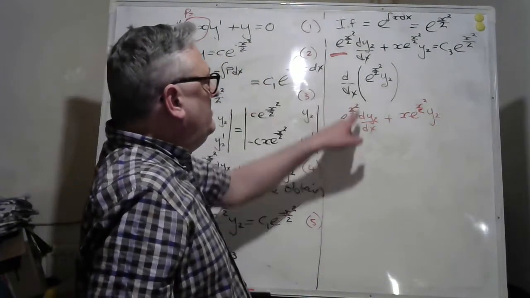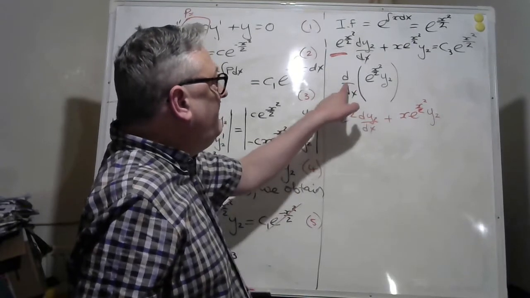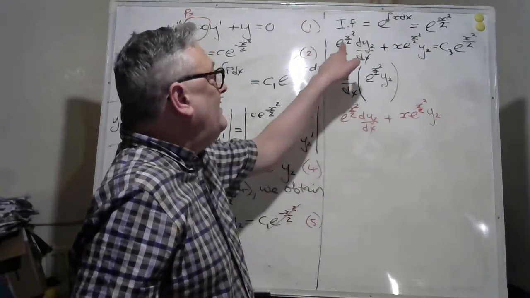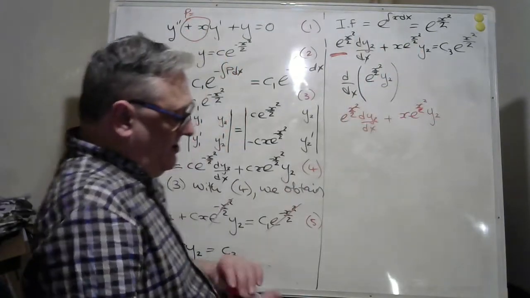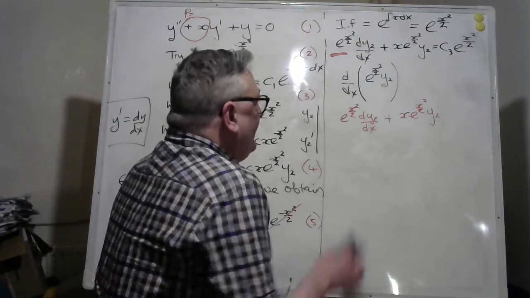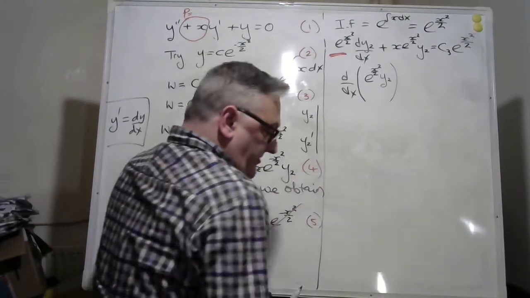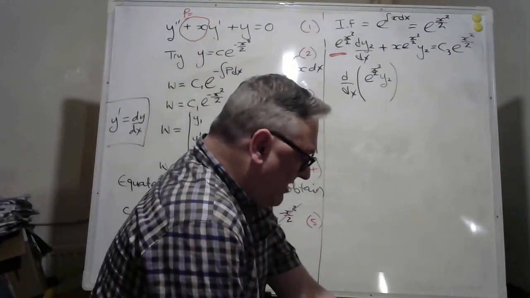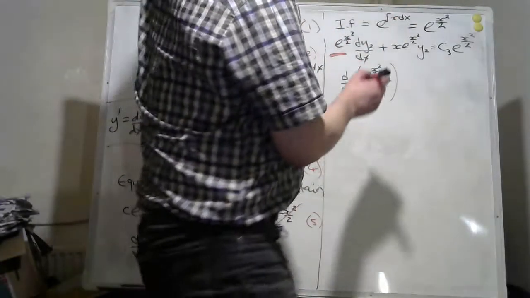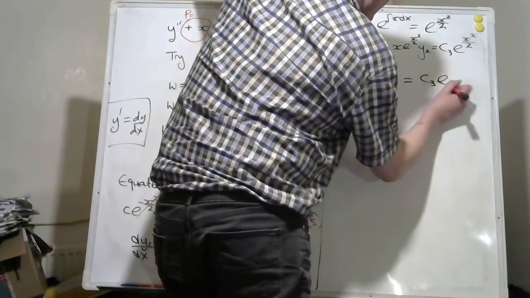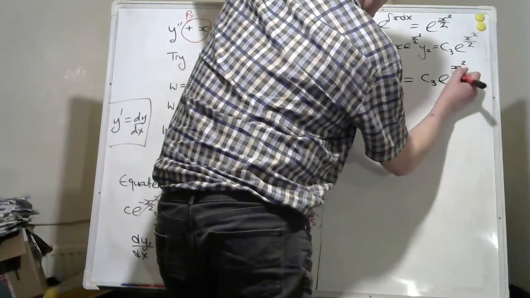So the derivative of this product is the left-hand side there. So we needn't go any further right at this second, other than to write that left-hand side equal to C3 e to the x squared over 2.